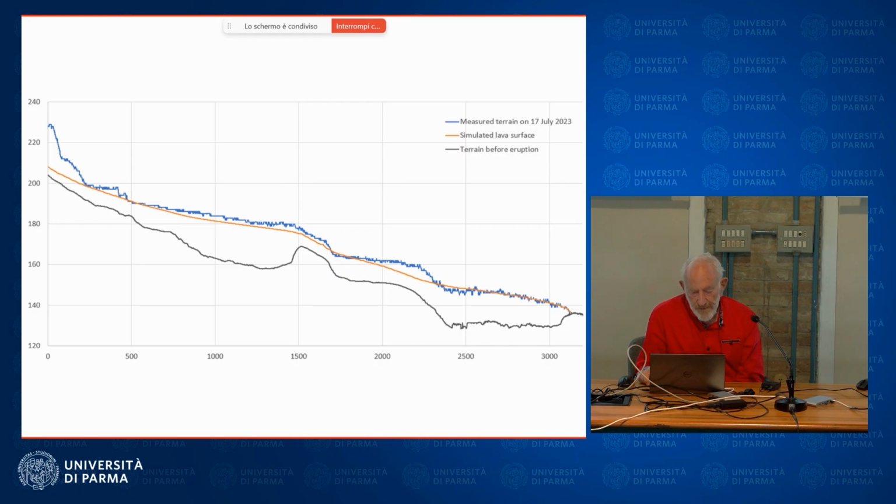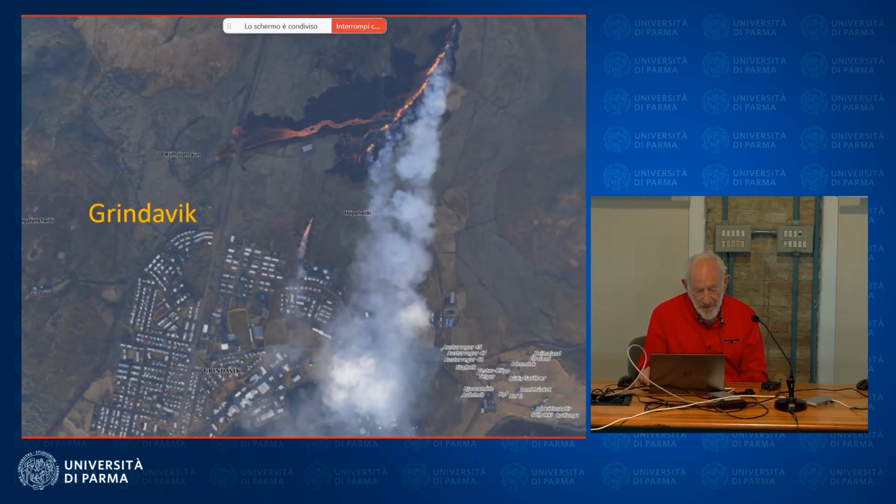And then after the eruption, you see the blue topography with lots of little jiggles in it, because the resultant topography has little rocks and things like that, and that we don't take into account in our calculations, all nice, smooth. But we got the red smooth curve, which agrees quite well with the observations, and the next lava flow will go over the red curve, and we'll no doubt make some more calculations.